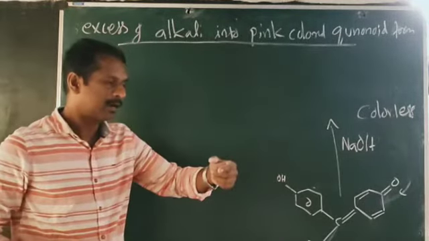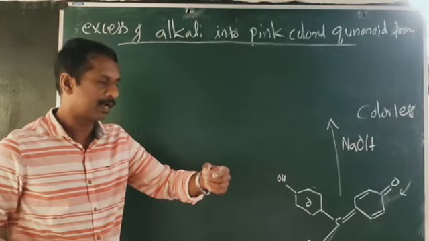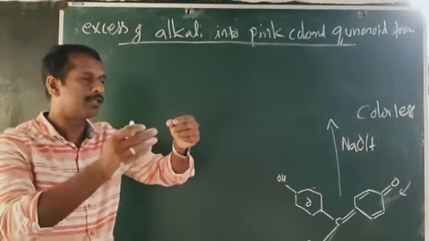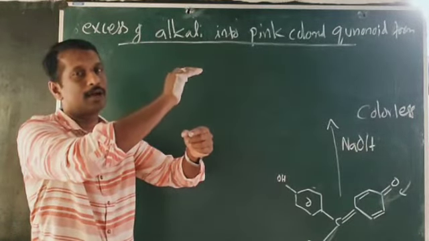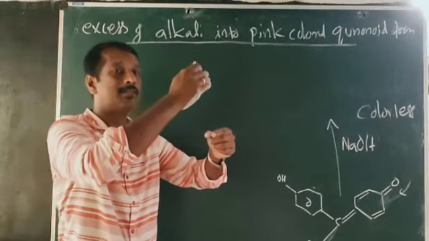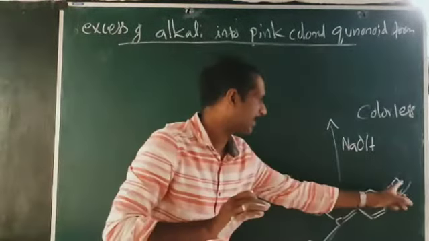When pink in color, basic medium, phenolphthalein is pink in color. When you add acid from the burette, finally it will change into colorless. That is why it is changing to colorless, because phenolphthalein is changing back to colorless benzenoid form, because this is accepting H plus.